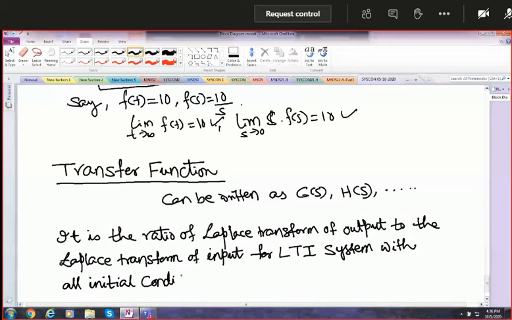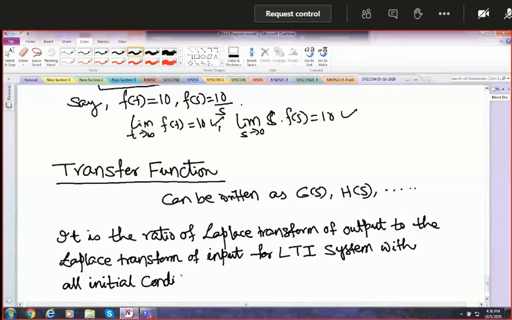This is very important. Why all initial conditions set to 0? I will show you.